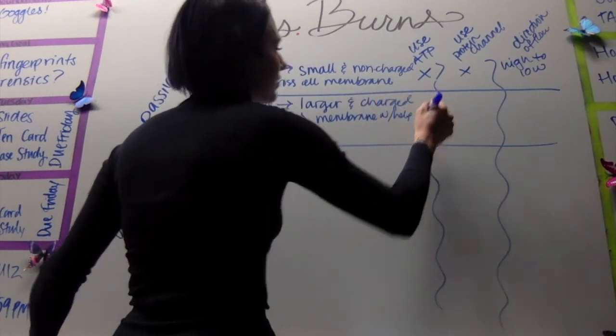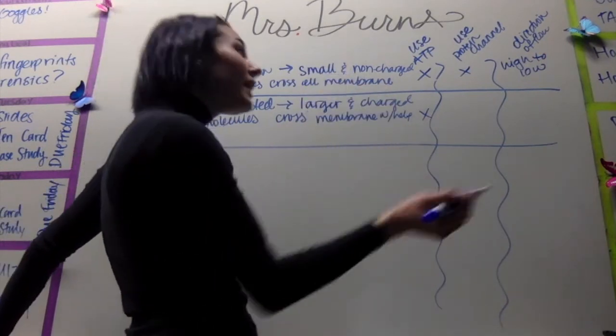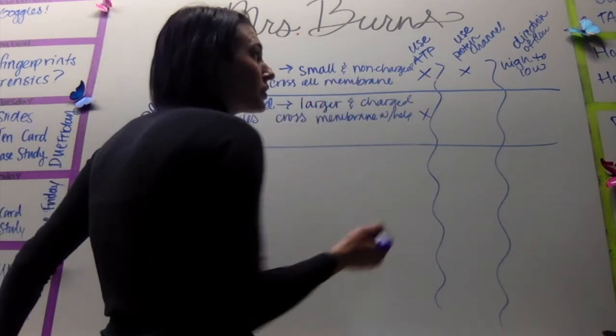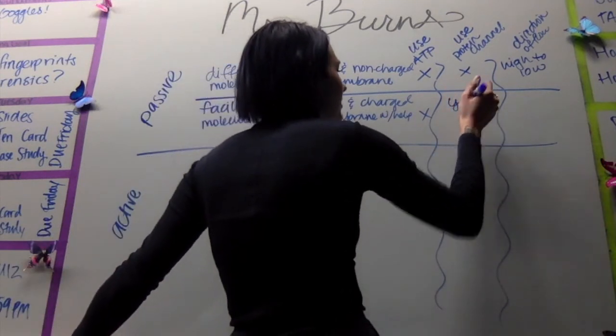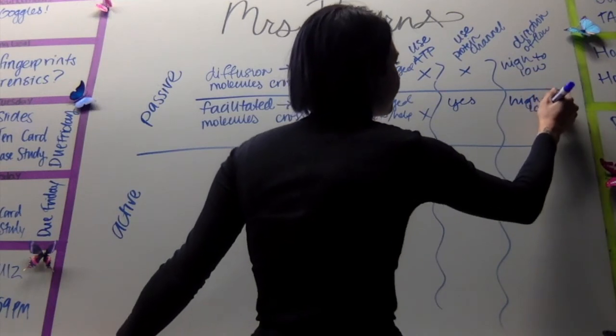So they do not use ATP because they're still following just classic diffusion, but because they're large or charged, they do need the help of a protein channel. And because, once again, they're following diffusion, they go high to low.